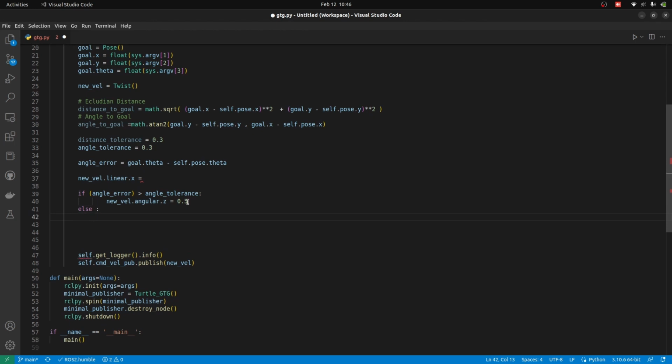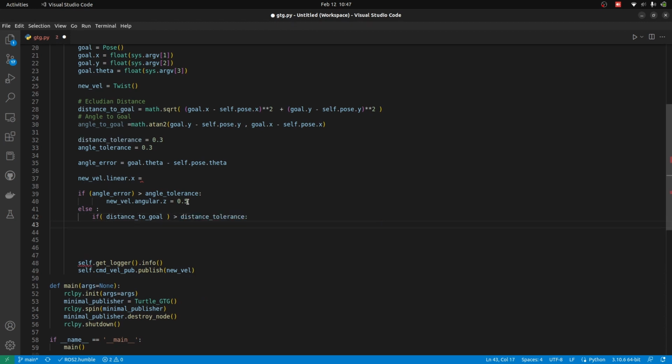and for the distance as well we are going to say if the distance to goal is greater than the distance tolerance, meaning whether we have reached the goal or not. So distance tolerance is checked, and if the distance to goal is greater than the tolerance, we are going to make the robot drive. With the help of this command, we are going to say this is the fixed velocity that you are going to be utilizing to drive towards the goal.